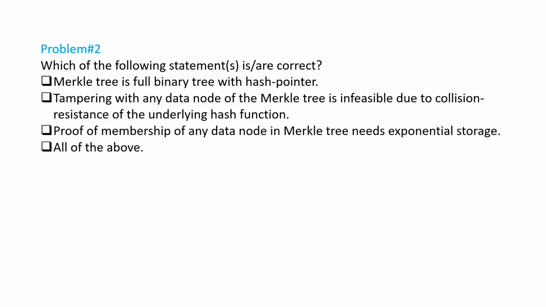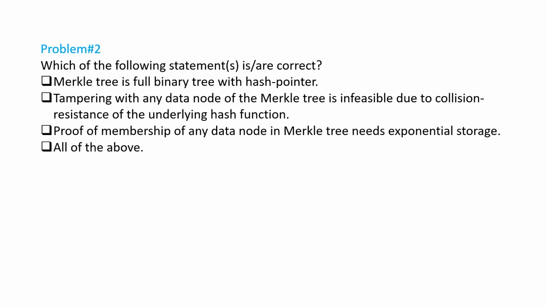And like that, if you move further from bottom to top, you will gradually reach the root node, because there is always a path to all the data nodes of the tree from the root node. So any path starting from any corrupted data node will gradually reach the root node, and thus the root node hash value also needs to be changed whenever there is a change in any data node's information.